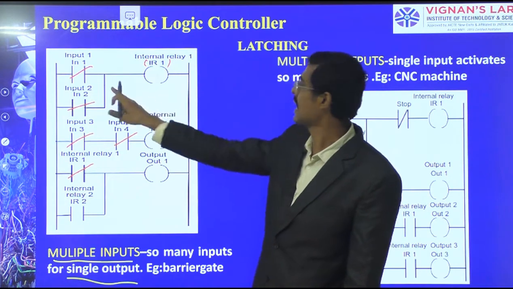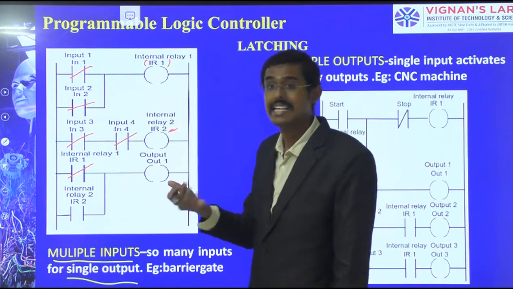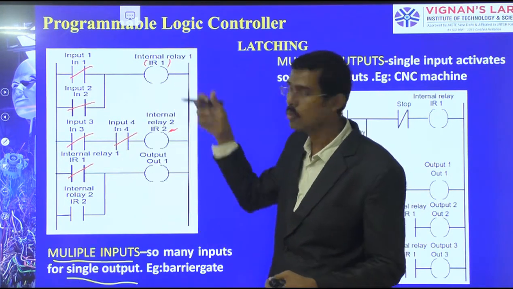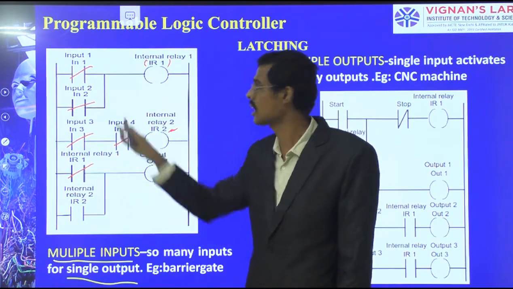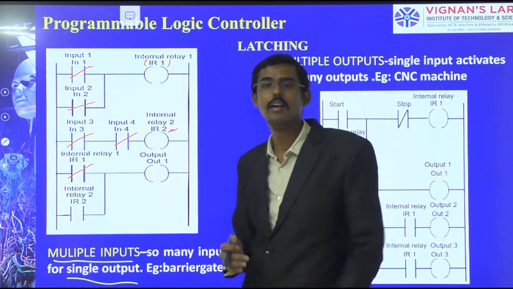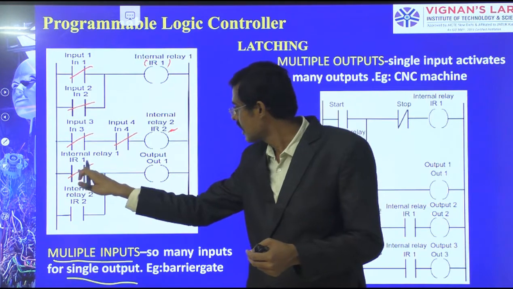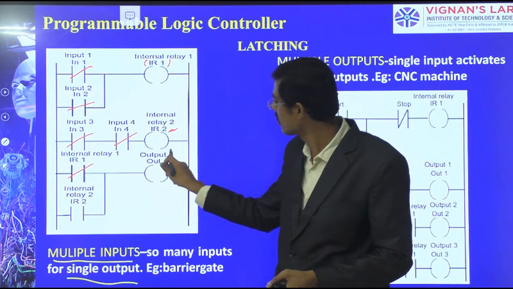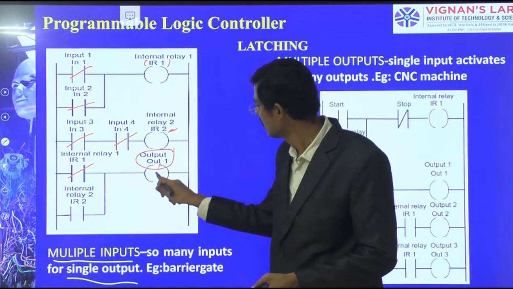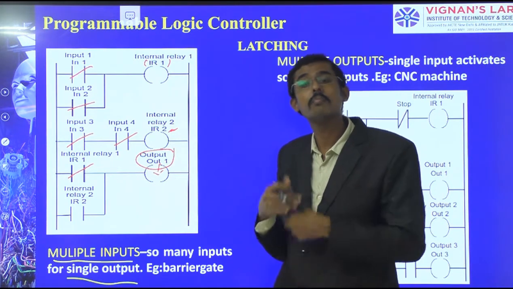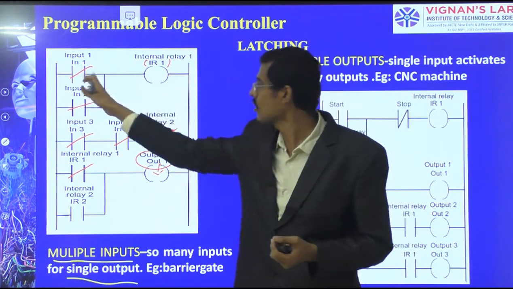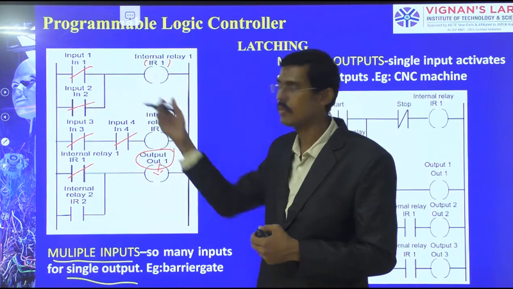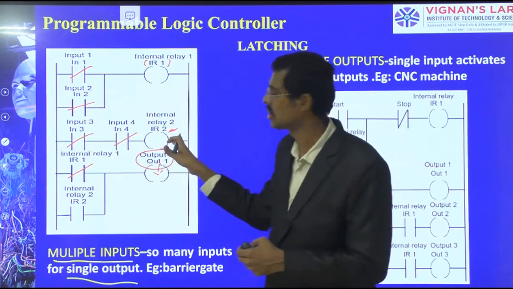When this IR1 is activated by input 1, simultaneously this IR1 will activate here also. This rung 1 will activate rung 3, and therefore this IR1 will give the output in terms of output 1. See, output 1 we have taken here. It may be through this rung 1, or otherwise through this rung 2.